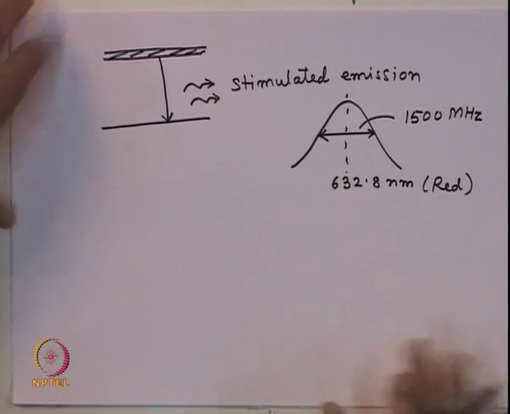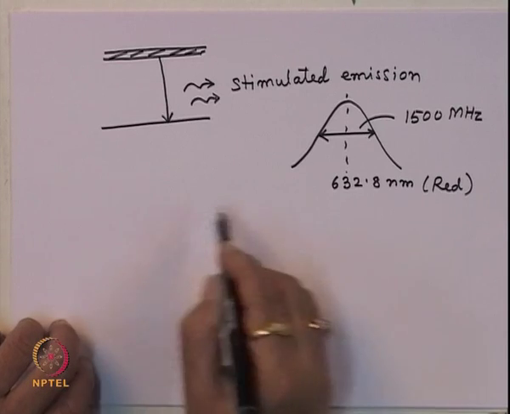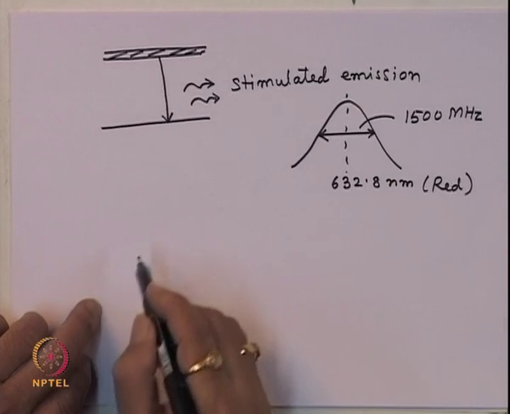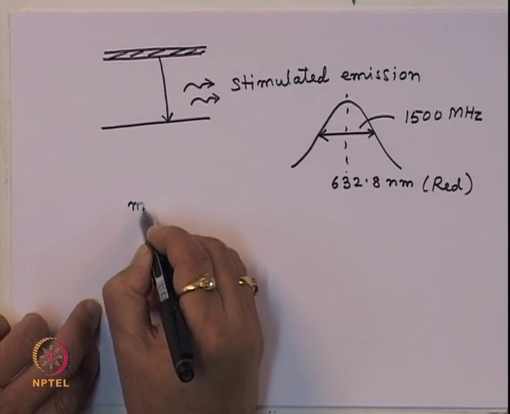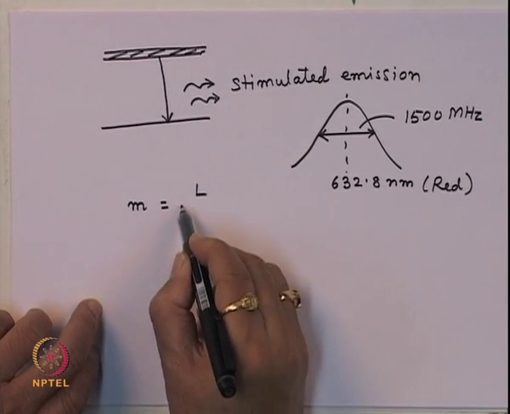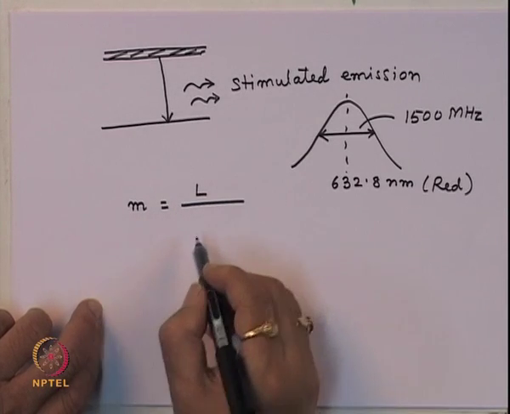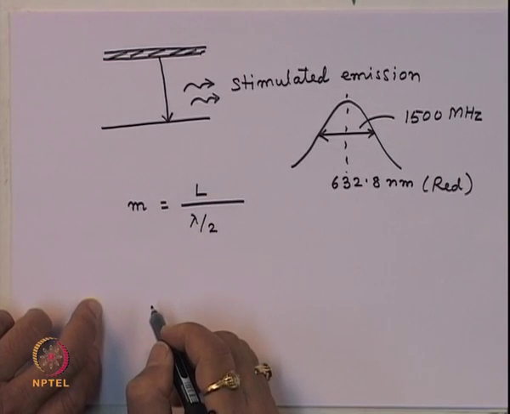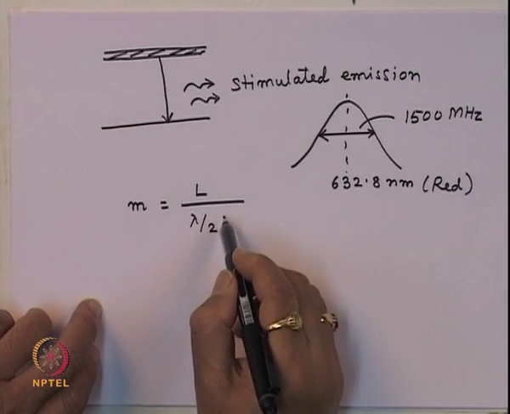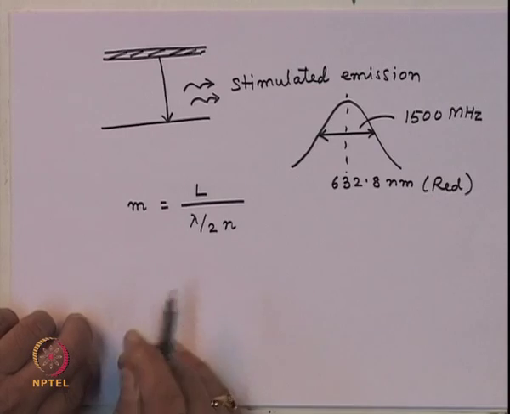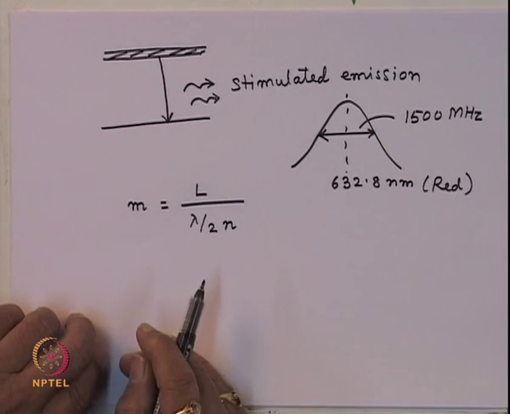So, now write the simple relation that the mode number m inside the laser is equal to the length of the cavity divided by lambda by 2, and if the medium is not air, then you have a refractive index for that medium, which is given as n.